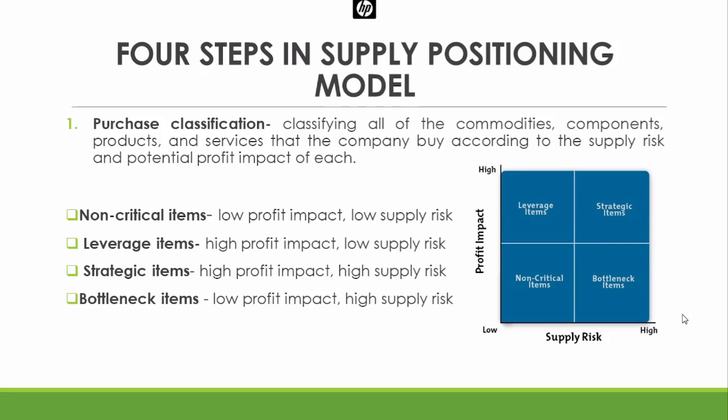For y-axis, it is the supply risk. Ibig sabihin yung availability or number of suppliers who can supply those kind of items, or yung sinasabi ko kanina na supply disruption. Maaaring dahil sa natural disaster or few suppliers, or pwede rin dahil sa technology evolution, mga gano'n.